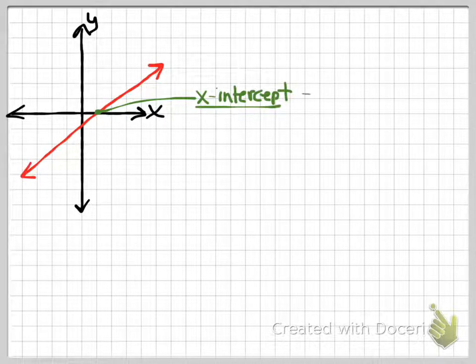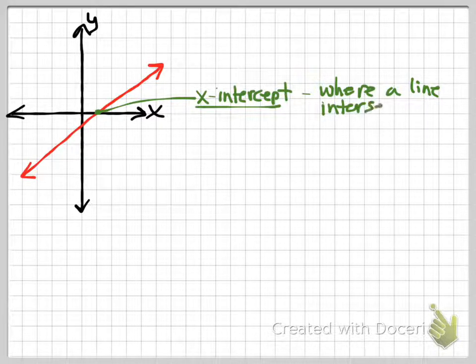It's where a line intersects or crosses the x-axis. So let's take a moment.